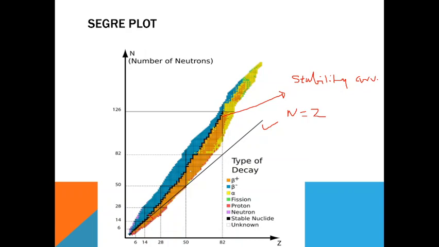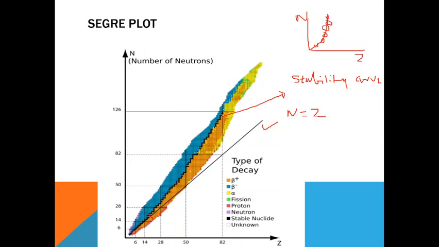Now if I have to plot it, the stability curve looks like this. This is your N. This is your Z. So the graph is like this. Which means all the elements which are present on this line are stable against radioactive decay. They don't decay. They are quite stable.